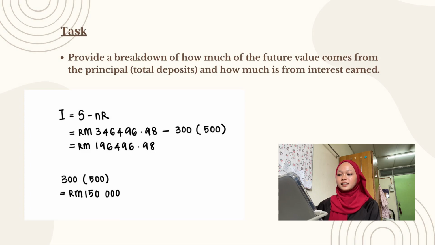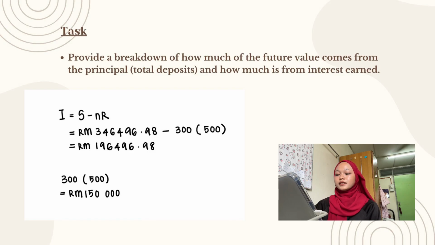The second task is to provide a breakdown of how much of the future value comes from the principal, the total deposits, and how much is from interest earned. From the previous task, we already have the values of S, n, and R. The formula that we will use is I equal to S minus nR. So right now, we will put all the amounts that we got in the formula.